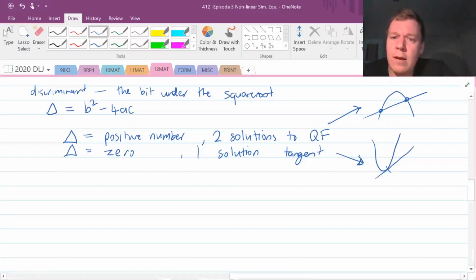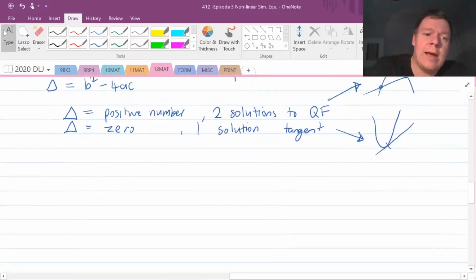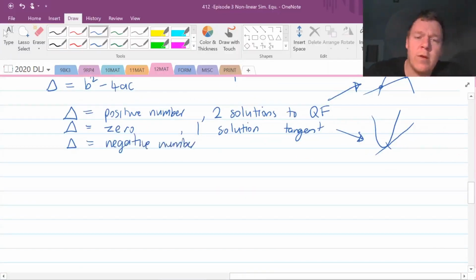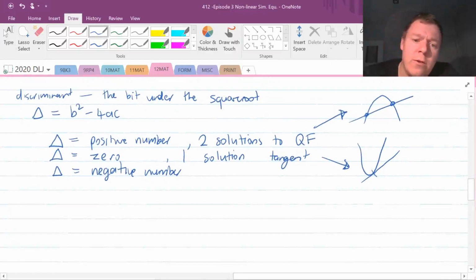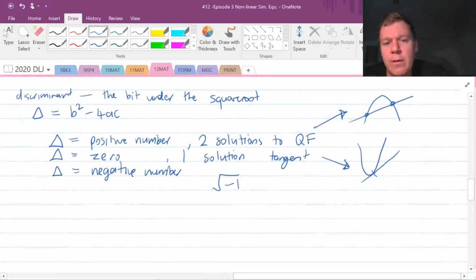And then the third case is when it's a negative number. So if you think about a square root, if you put the square root of -1 into your calculator, you're going to get a math error.